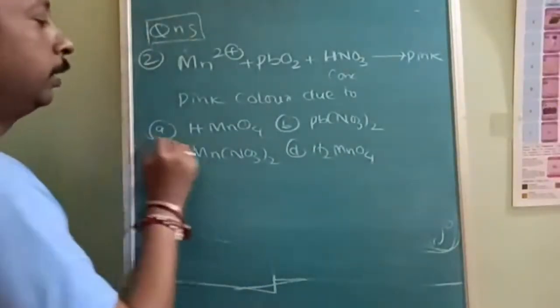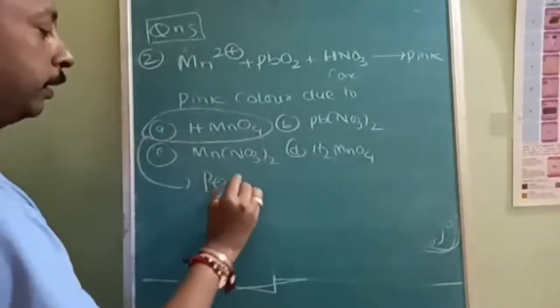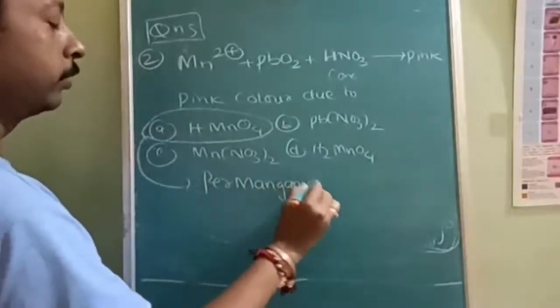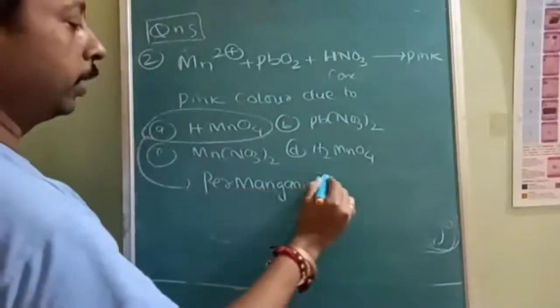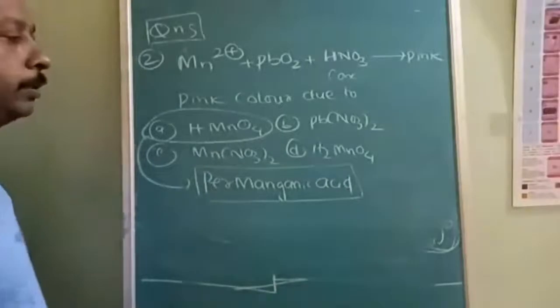So here is the answer: this is called permanganic acid. What is it called? Permanganic acid, HMnO4. Actually, KMnO4 is potassium permanganate.